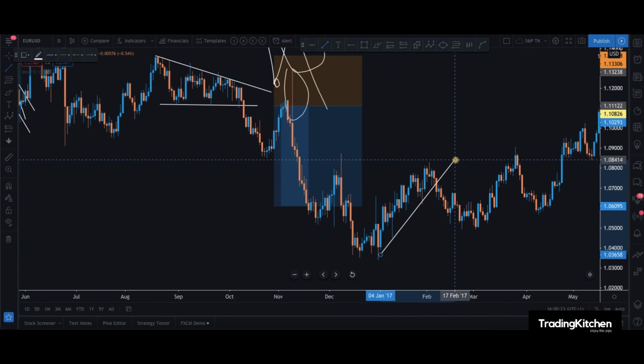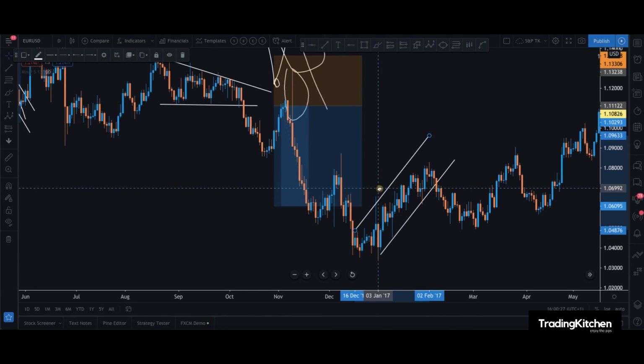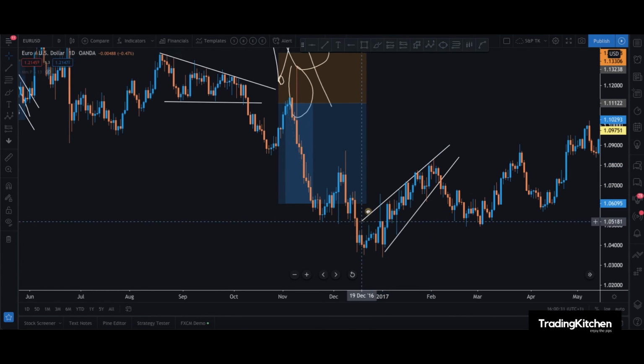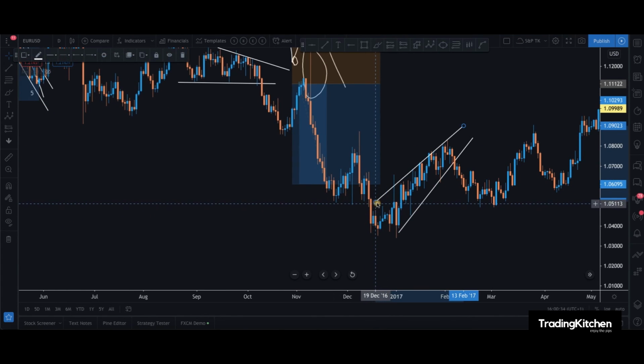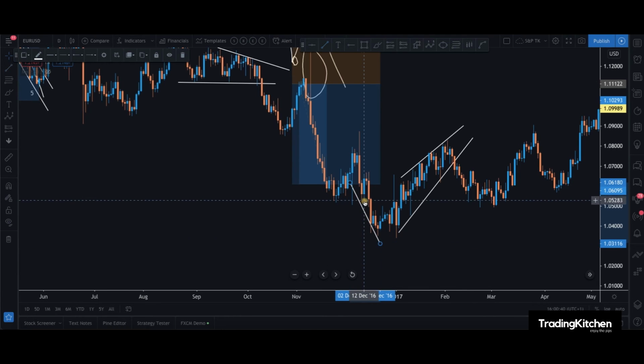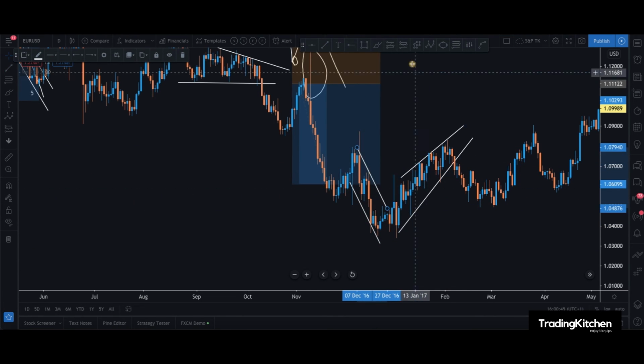This is a channel as well. So here in this time frame, maybe it's not easy to see, but we have our pattern as well. Also here, price always makes the same pattern, always the same 5 movements.